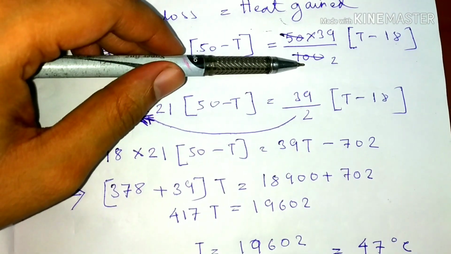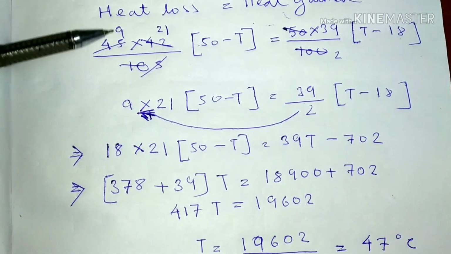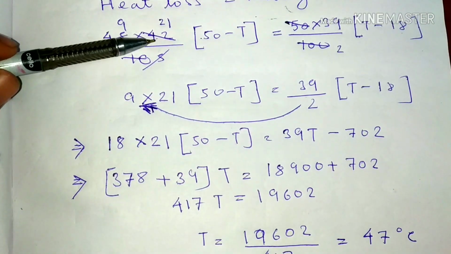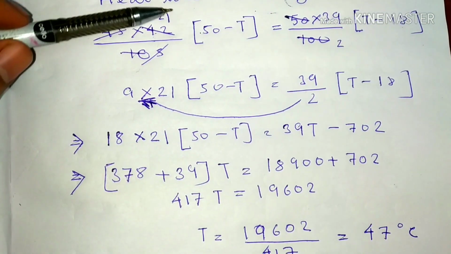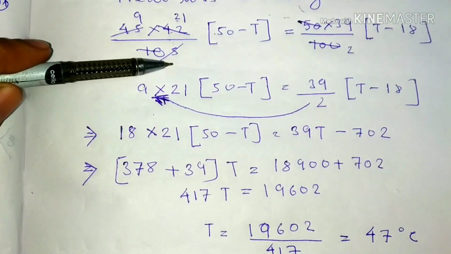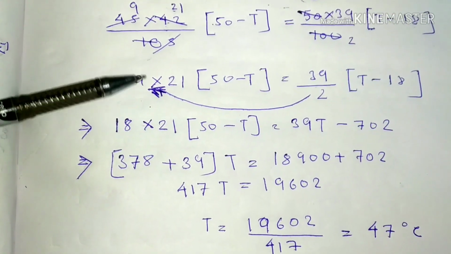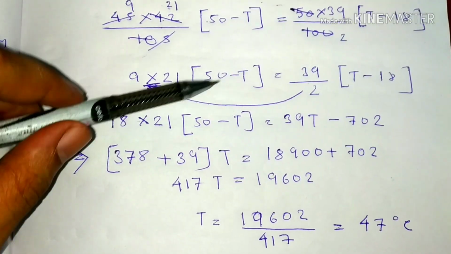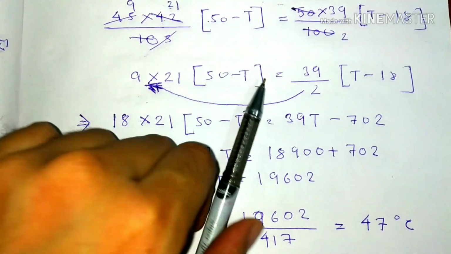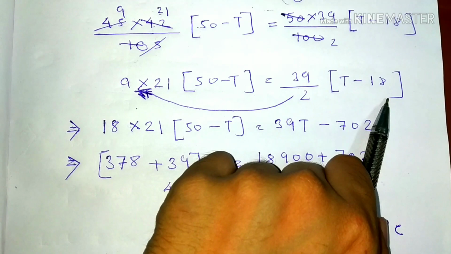I've cancelled 50 by 100 and got 2 here, and I've cancelled 42 by 10 with 2, the result is 21. Then 5 cancelled with 45 gives 9. So we are left with 9 into 21, bracket 50 minus T, equals 39 by 2, bracket T minus 18.